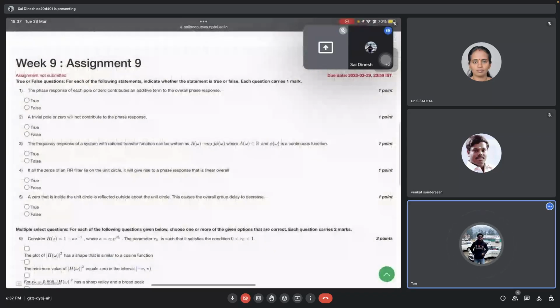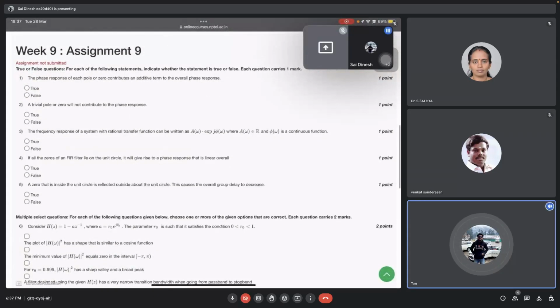So yeah, this is question 1. And then question 2 would be: a trivial pole or zero will not contribute to the phase response. Is that true?